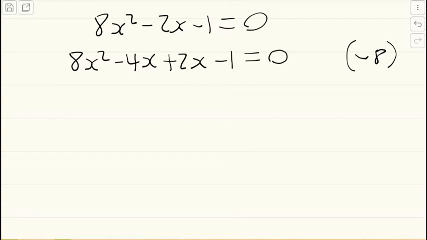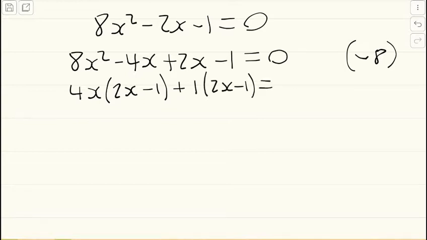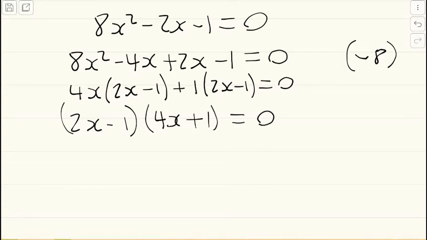And then, factorizing the left-hand side, I get 4x lots of 2x minus 1, plus 1 lots of 2x minus 1, which equals 0. Take out a common factor of 2x minus 1, I get 2x minus 1, multiplied by what's left, which is 4x plus 1, which equals 0. So that gives me either x equals a half or x equals minus a quarter.